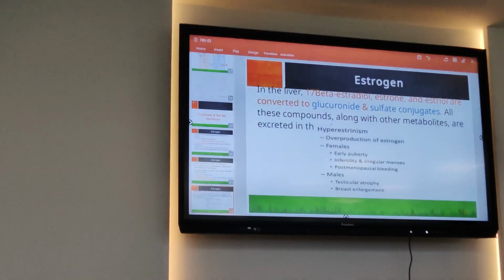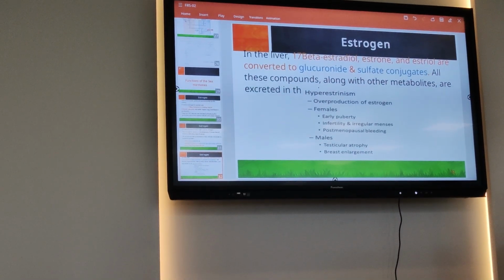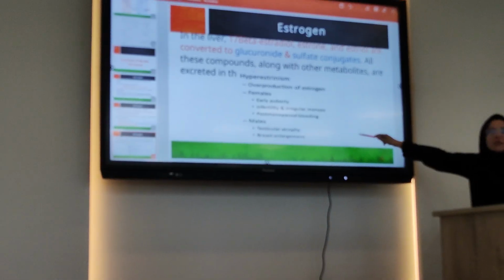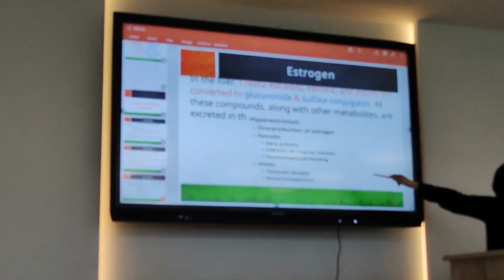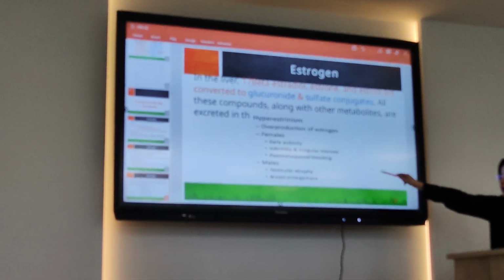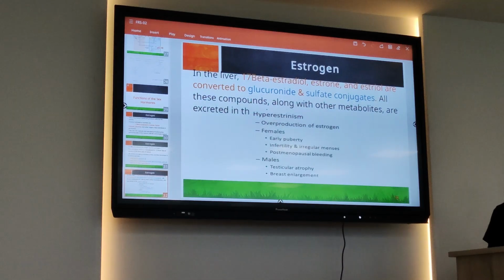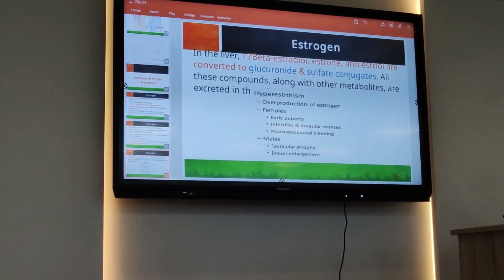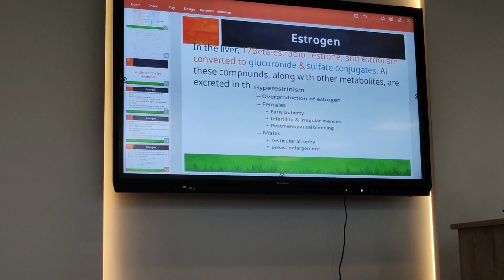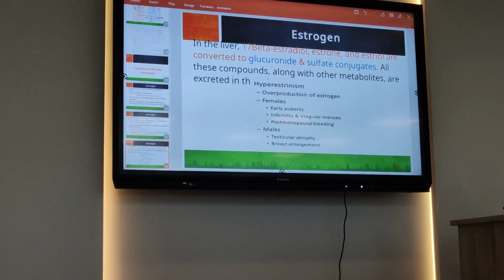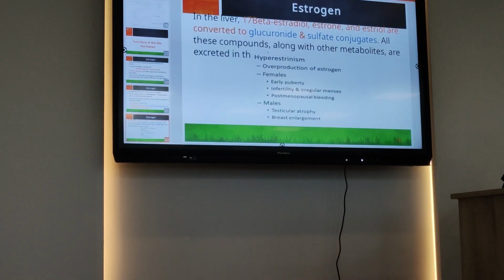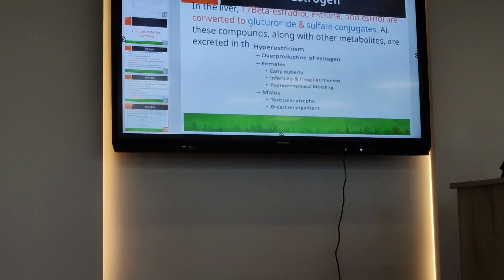The testosterone is converted to estrogen, and the amount of estrogen may increase, and maybe we see some female phenotype such as breast growth or testicular atrophy. It is not very common in the male.